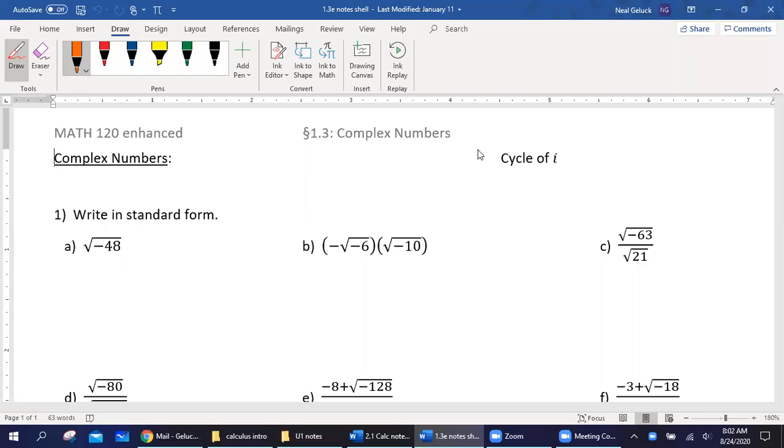For section 1.3, we're looking at complex numbers. You may have seen these in a high school course. You may not have. We're going to be dealing with that number i, that lowercase i.